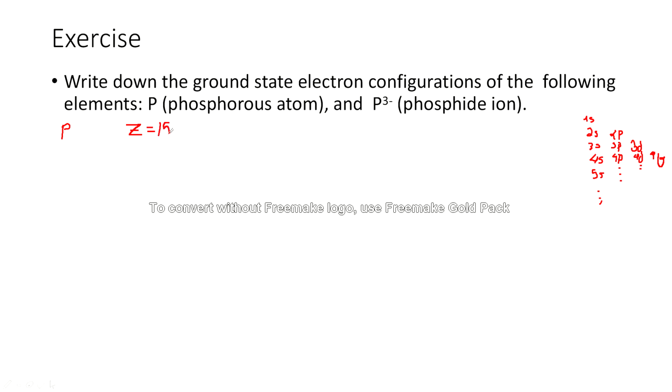For a neutral atom like phosphorus, the number of protons is the same as the number of electrons. So we also have 15 electrons in the phosphorus atom. Now let's write the order.